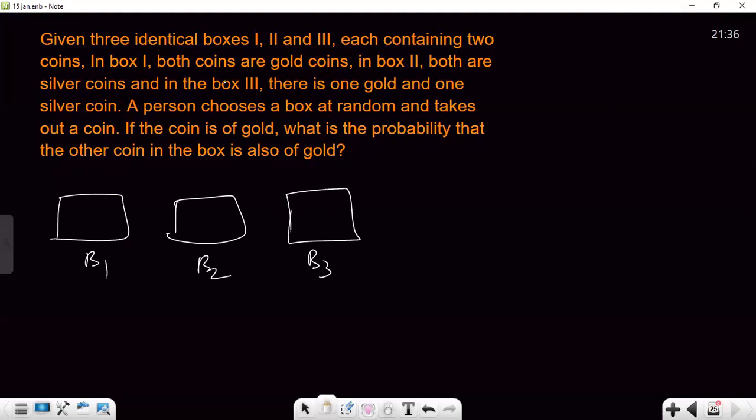Each containing two coins. In box 1, both coins are gold coins. In box 2, both are silver coins. And there's one gold and one silver coin in box 3. A person chooses a box at random.